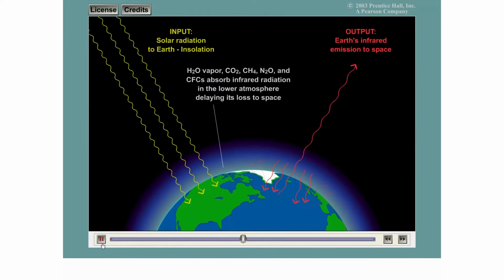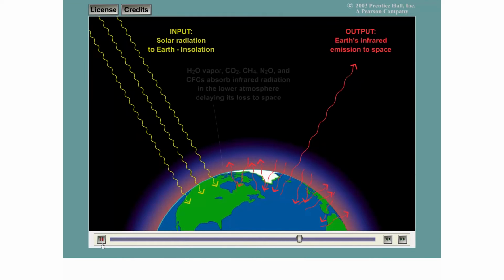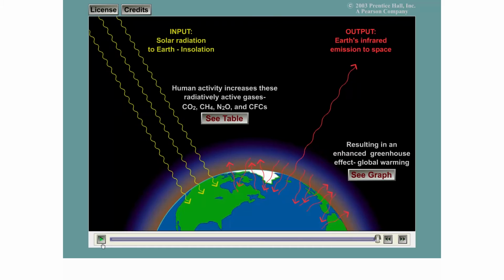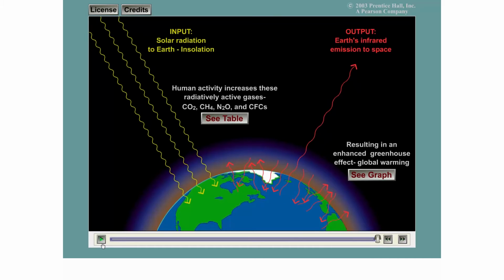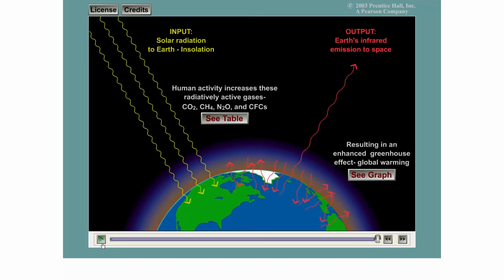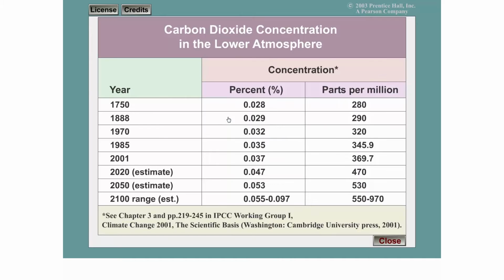So, let us look at this with an animation with some more information. We have solar radiation input and emission to space, with all the complex convective dynamics that is happening inside, and we have these various greenhouse gases.